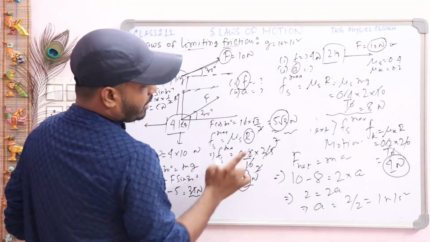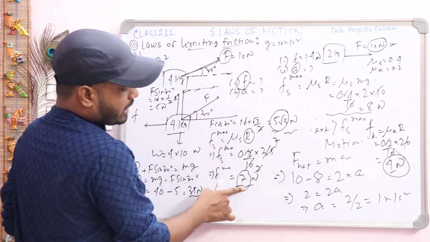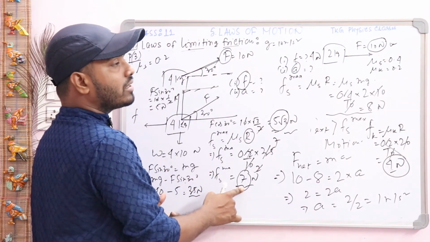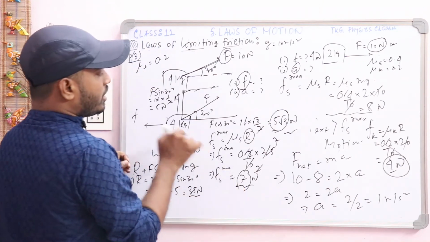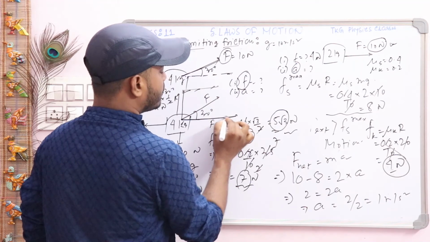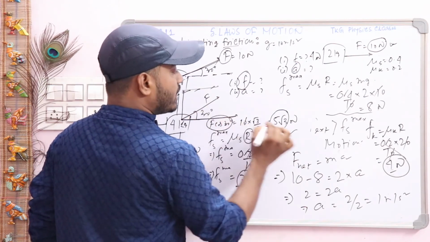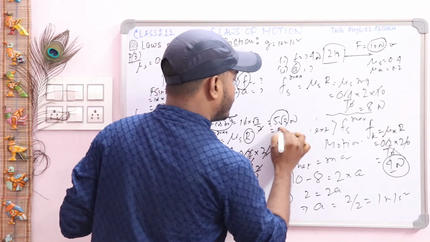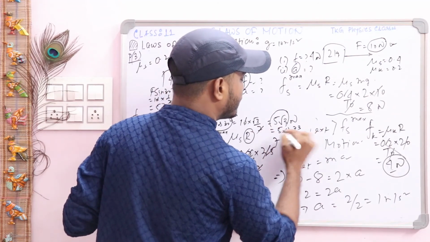Now if this value is more than this one, then we can say the body is under what? Motion. The forward direction force is F cos 30, that is 5 root 3. You calculate this value, and you know root 3 is approximately 1.73.